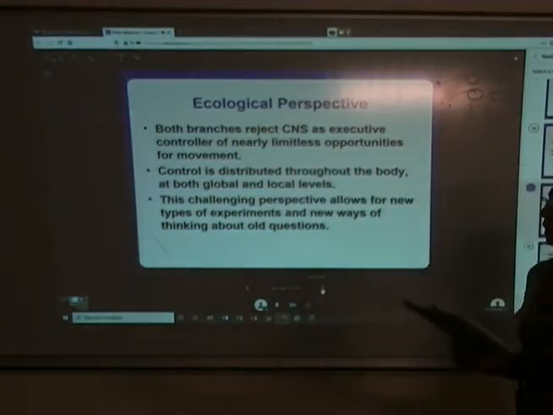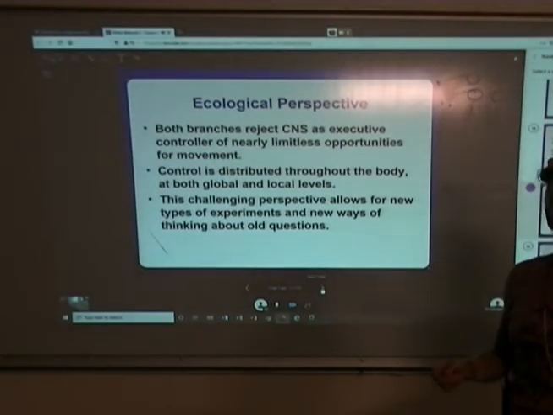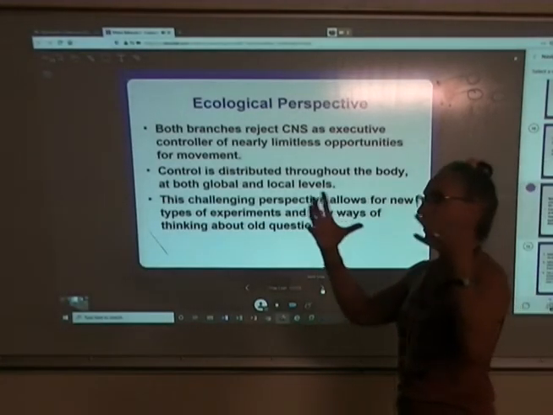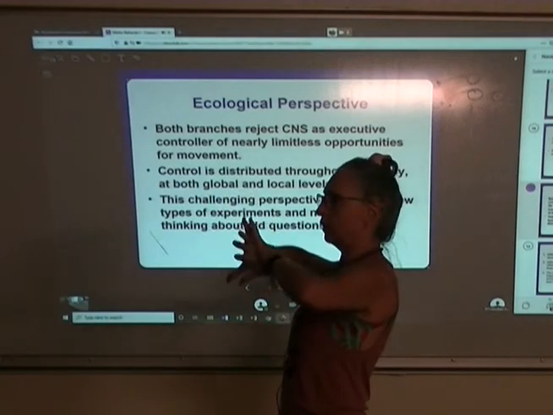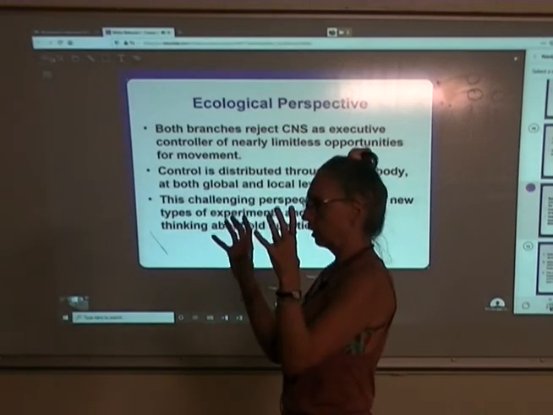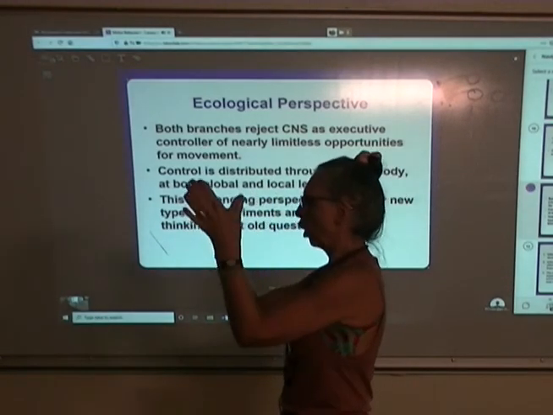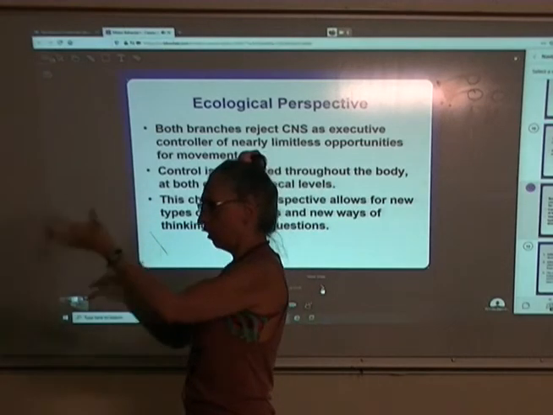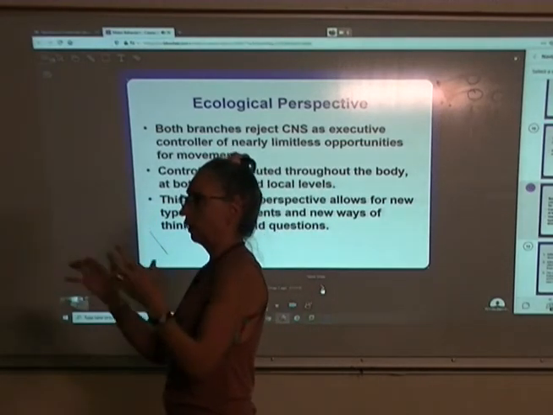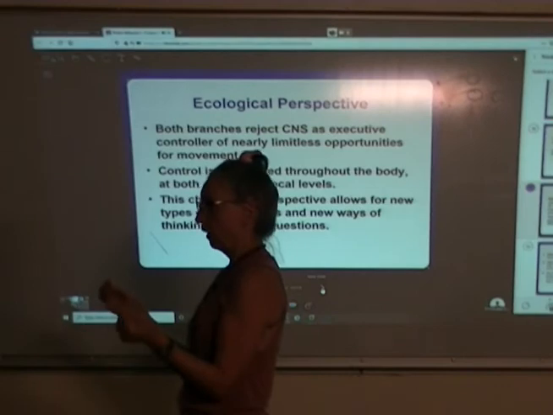So they both look at the idea that the body is going to organize a movement pattern around the environment and the task that it's working with, all right?